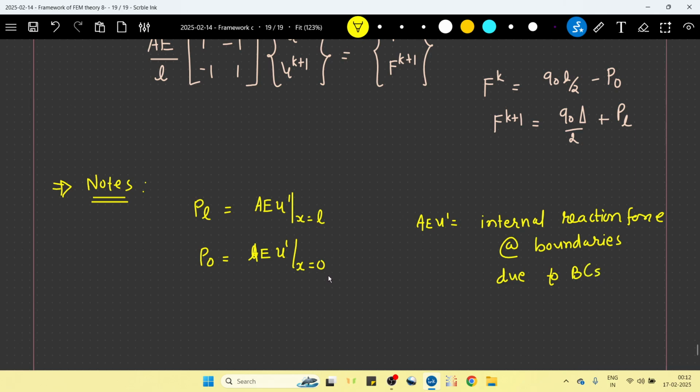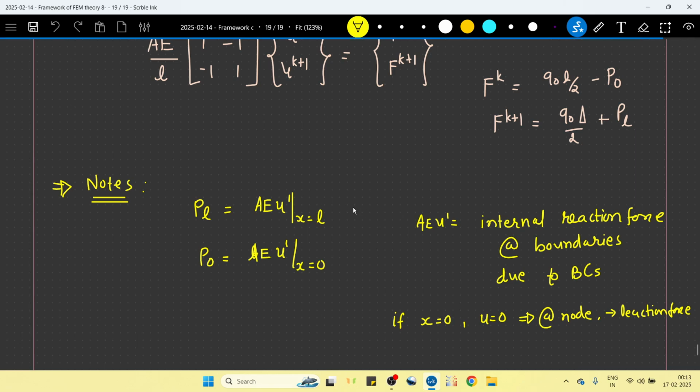Wherever we apply the boundary condition, for example, if at x equal to 0 we say u is equal to 0, then at that node we get the internal reaction force. This we have seen in our hand calculation example, I think in lecture video number 4. So you can revisit that video and check this one.